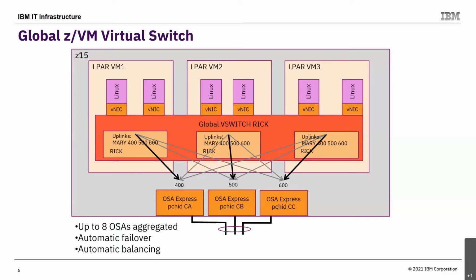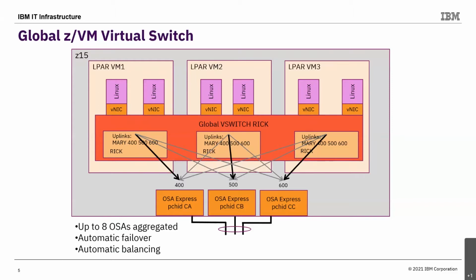So it's a common point of management for the uplink port of the vSwitch. And it also allows us to share a vSwitch because from Linux perspective, he doesn't know any of this is going on. He's totally isolated from the actual uplink port, and it's all being managed by the global vSwitch under the covers.